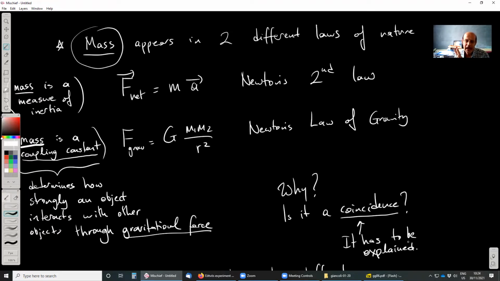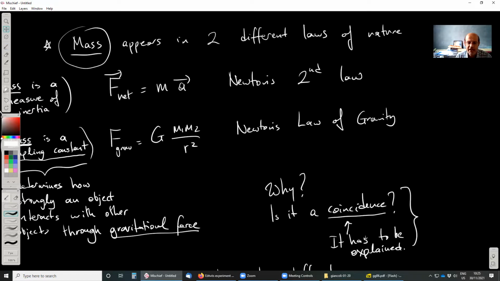Okay, so I give you some idea of what might be the explanation, because I said that this inertial, sorry, fictitious force has the same form as the gravitational force. So basically the explanation is something like that.